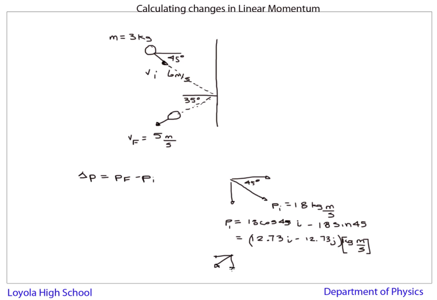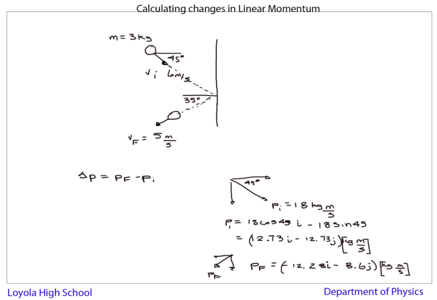And using the same trigonometric functions, I get a value of, and you can verify these values, negative 12.28 i, because it points to the left or negative direction, minus 8.6 j kilograms meters per second. So basically what I've done is I've written the initial and final momentum vectors in terms of their i and j components.